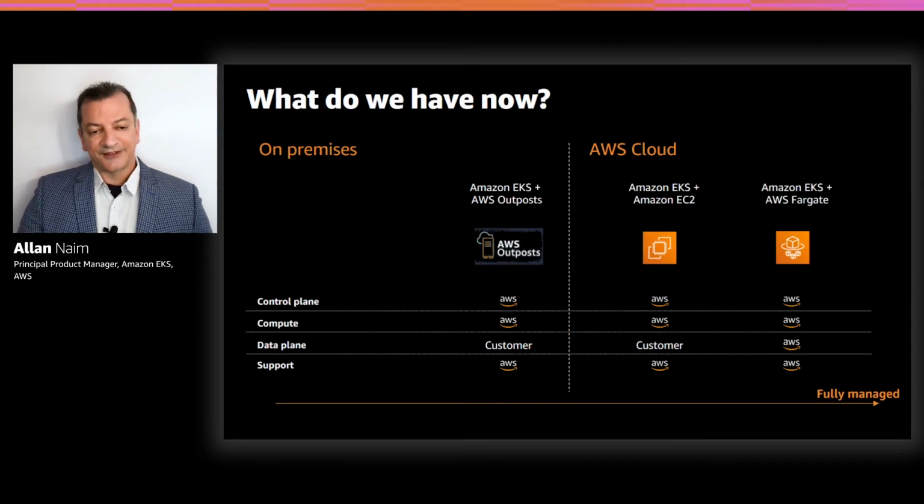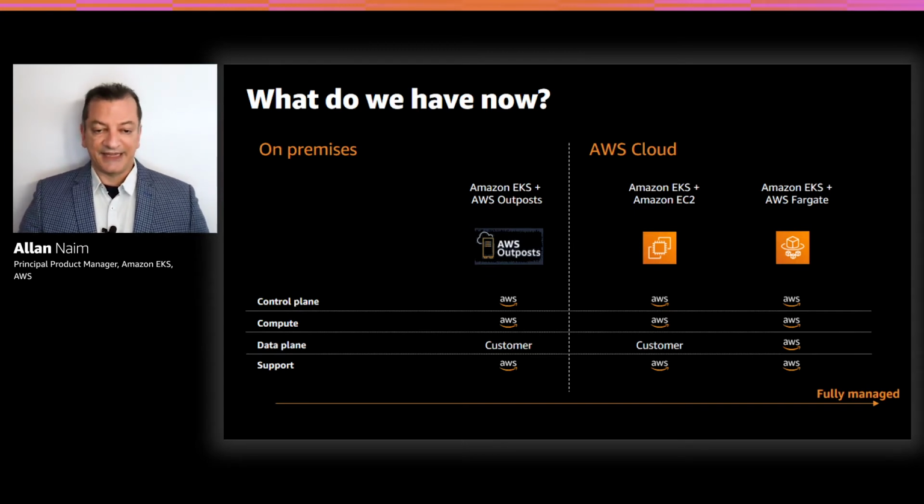Now, let's look at the variety of deployment options that we have available up till now. Over to the right is where we provide a fully managed experience. This is for both the Kubernetes control plane and Kubernetes worker nodes.